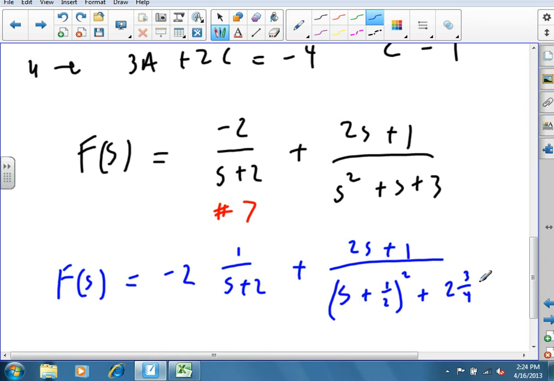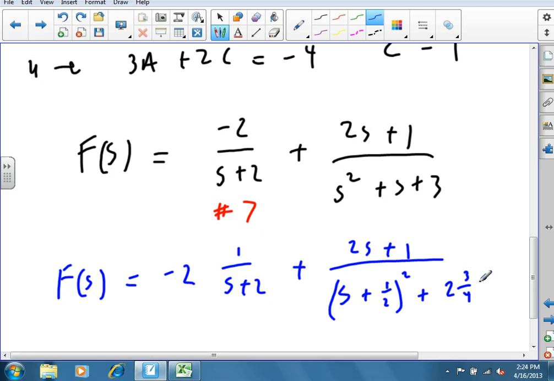Did I do that right? S plus a half squared: s squared plus s, plus a quarter, plus 2 3/4, which is 3. Okay, so I did that right.